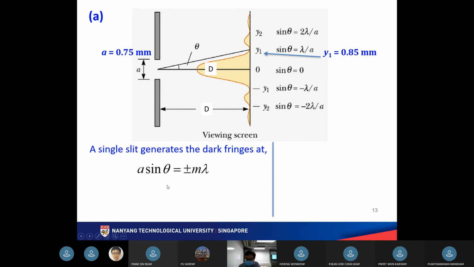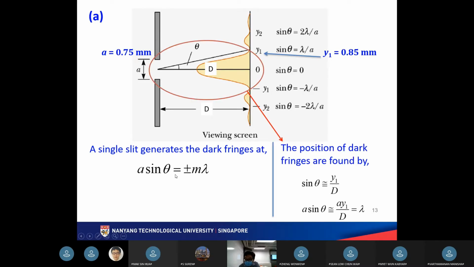First, from this formula, we get the unknown parameter θ, and then from θ we calculate d. Bear in mind that d is normally in meters and y₁ is in millimeters, so d is much larger than y₁. So sin θ is approximately equal to tan θ, which is y₁ divided by d.